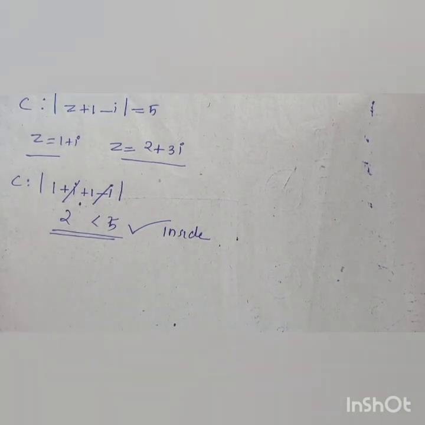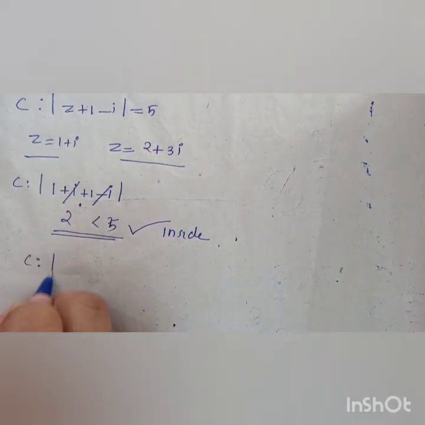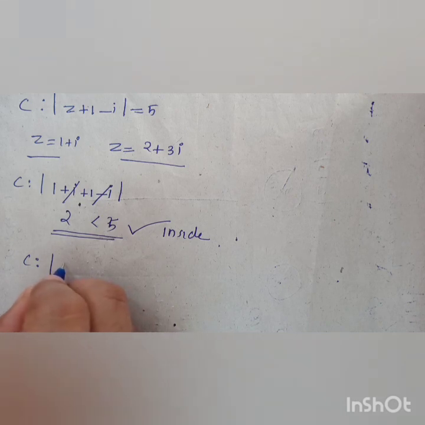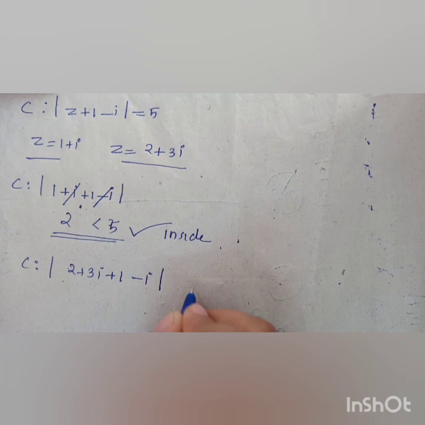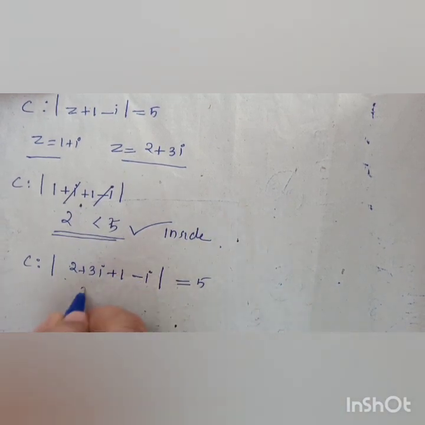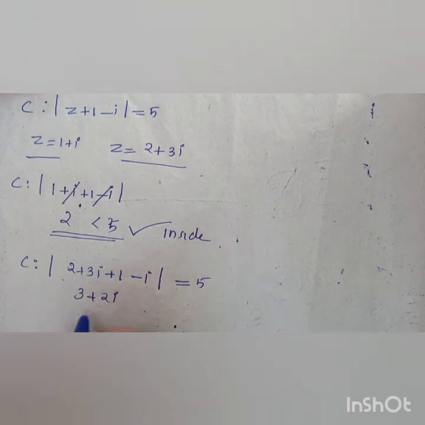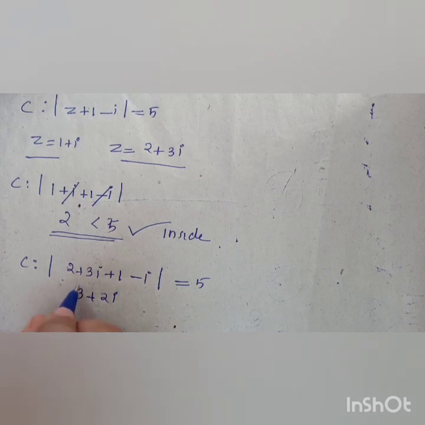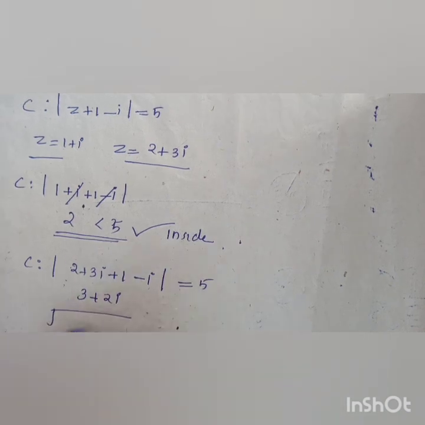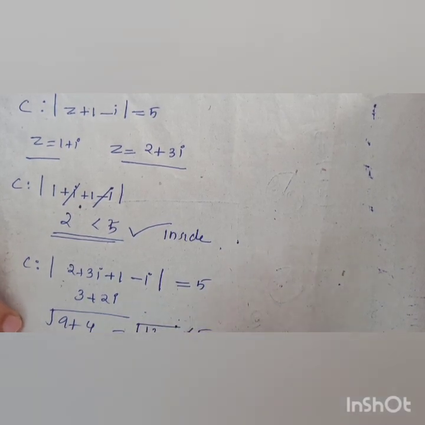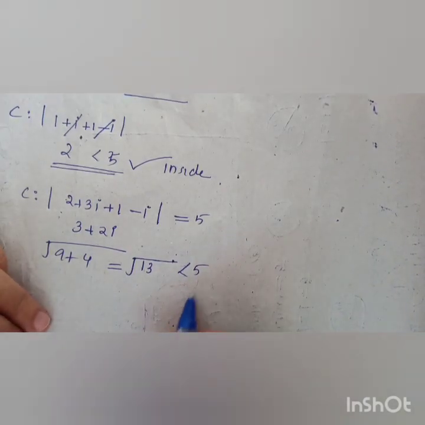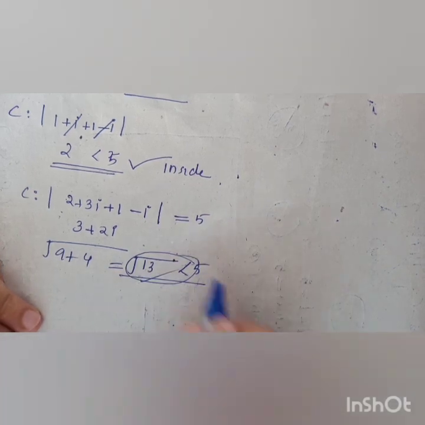Next, we put the value z = 2 + 3i: |2 + 3i + 1 - i| compared with 5. So we get |3 + 2i|. What is the magnitude of 3 + 2i? It is the square root of 9 + 4, that is, the square root of 13. The square root of 13 is less than 5, because 5 is the square root of 25, so it is inside.